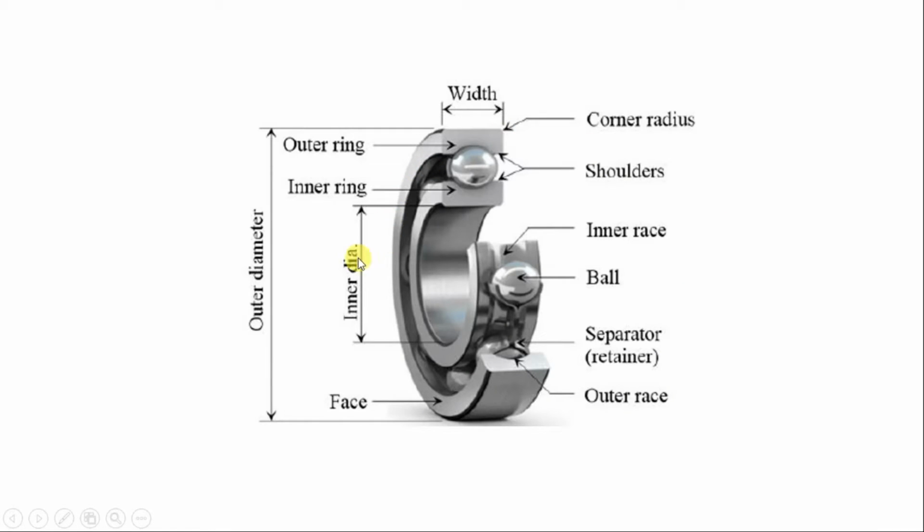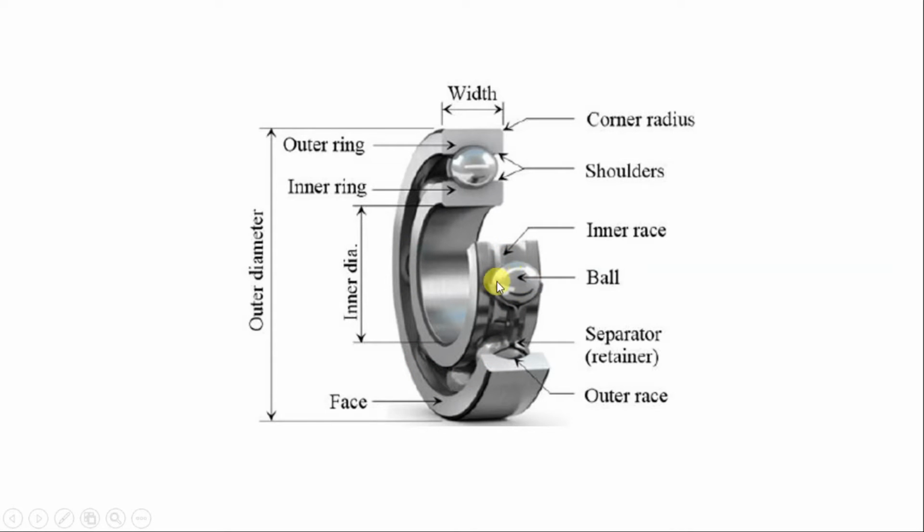The components of these ball bearings are shown over here, or you can say the cut section is shown over here. You can see this is the inner race and this one is the outer race, and in between these two races the balls are inserted.